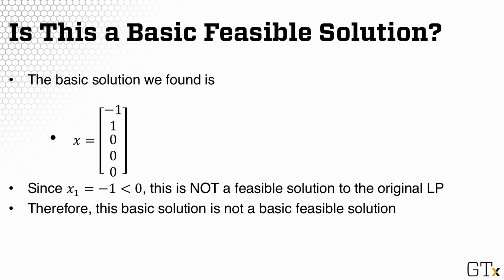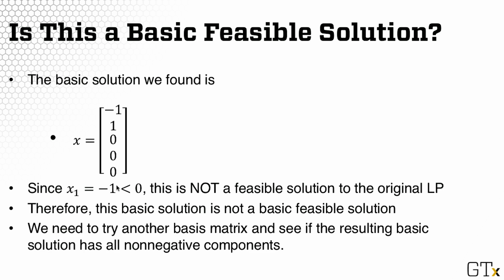From the basic solution, we have to check if every component is non-negative. If we unfortunately get a basic solution that is not feasible, we just need to try another basis matrix, meaning pick another 2 linearly independent columns from A, form the basic solution, and then see if that basic solution has non-negative components.